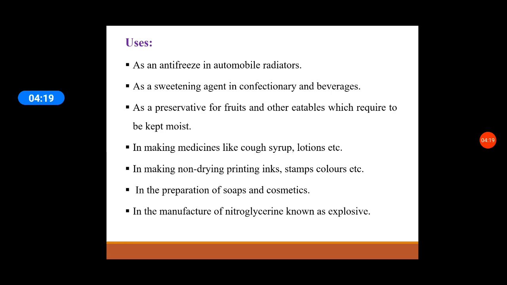Usually the alkali hydrolysis of oils or fats is called saponification. On alkali hydrolysis of oils or fats, it gives salts of fatty acids. Those salts of fatty acids are called soap, and along with that glycerol is also obtained as one of the products.